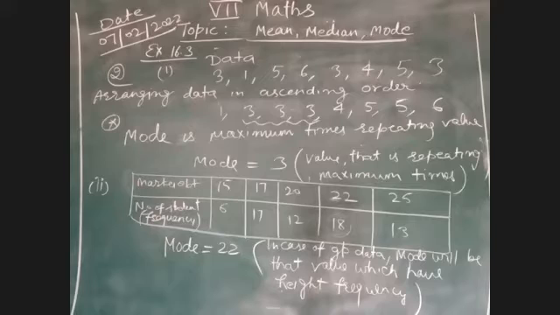And in the third question, that is a combination of median and mode. In the third question, ungrouped data is given, and in that question we have to find the median and mode collectively.